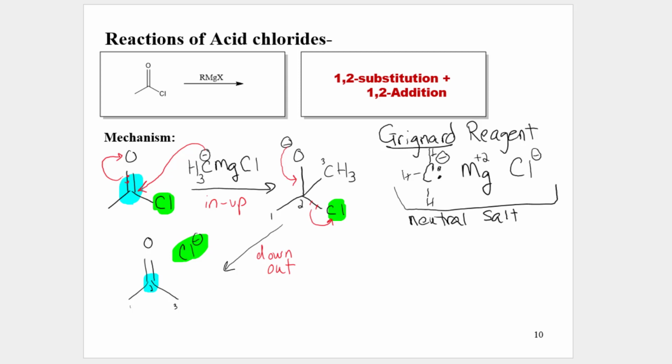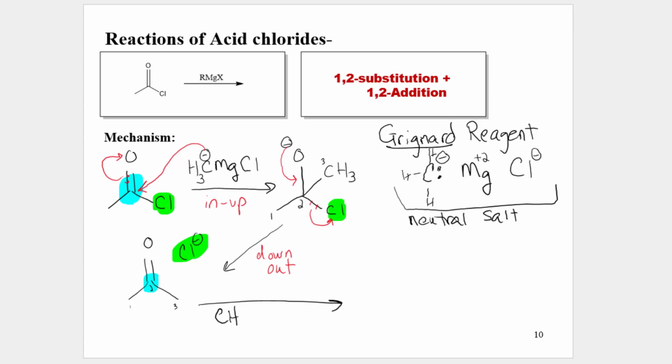It's not as reactive, but it's a hard train to stop. Typically, when people run these Grignard reagents with an acid chloride, you just add enough to make it continue all the way to the end. So you might add 2 equivalents, enough to add to the acid chloride, then enough to add to the resulting ketone, just because it's too hard to control and you'll get a mixture.